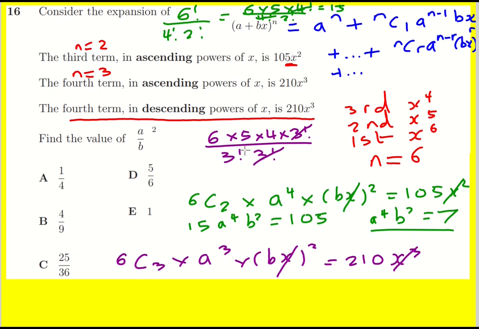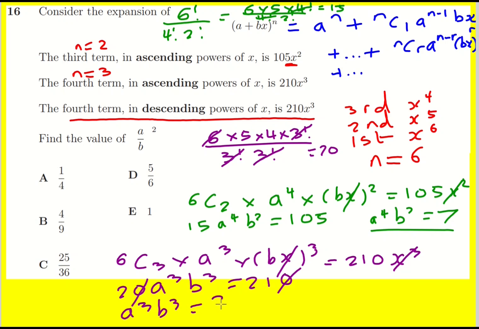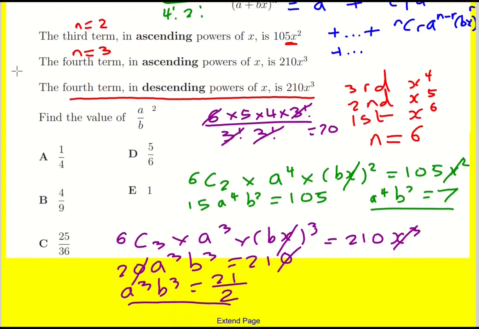They cancel. 3 factorial is actually 6, so I get 20. So 20 a to the 3 b, so that should have been to the 3 as well, b to the 3 is 210. So a to the 3 b to the 3 is 21 over 2. Okay, so that is another thing I can use.